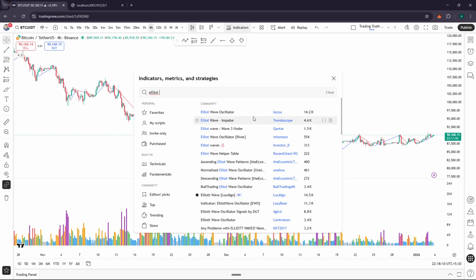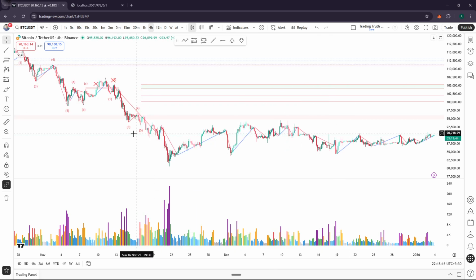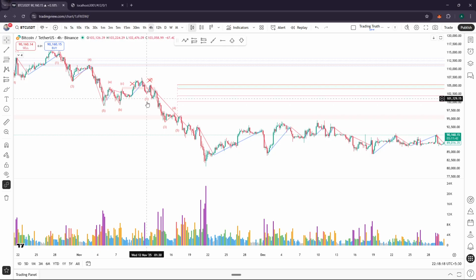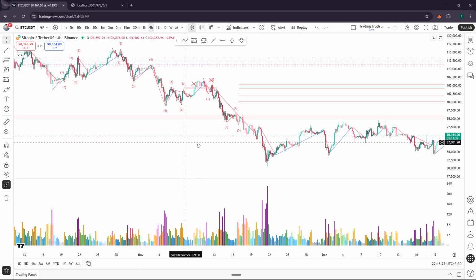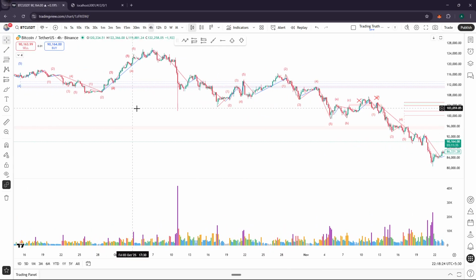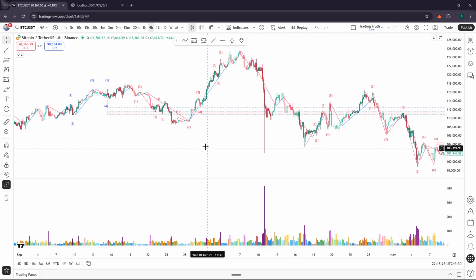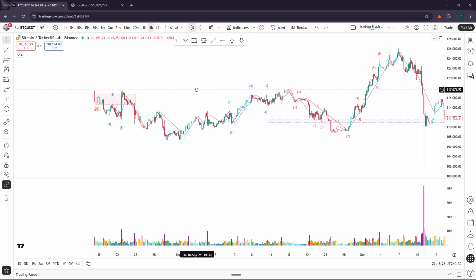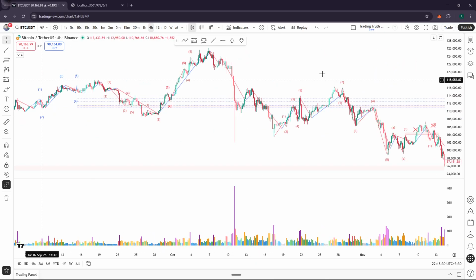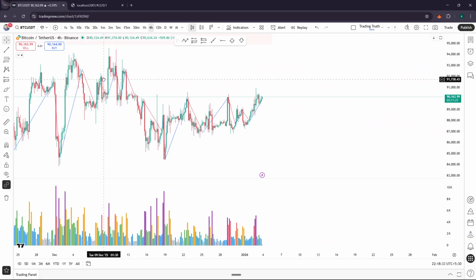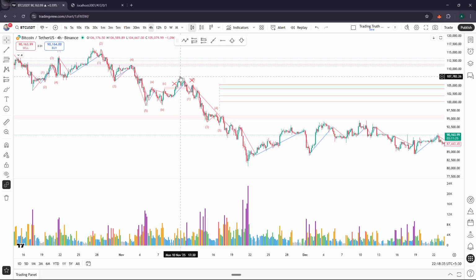With this one, this is what we also figured out: 1, 2, 3, 4, 5. This is calculating mathematically, so you can see it might make some mistakes, but I just wanted to show you that there are tools for that.